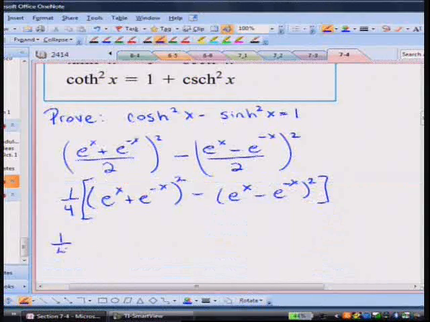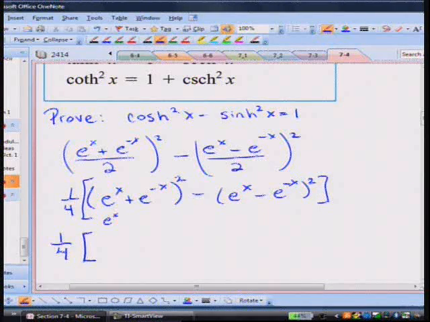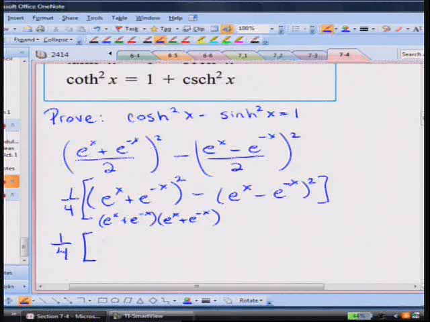So we have the 1/4, and if we FOILed this out, so this would be e to the x plus e to the negative x times e to the x plus e to the negative x, we would get e to the x times e to the x, which is e to the 2x, right? Because when the bases are the same, you add the exponents.